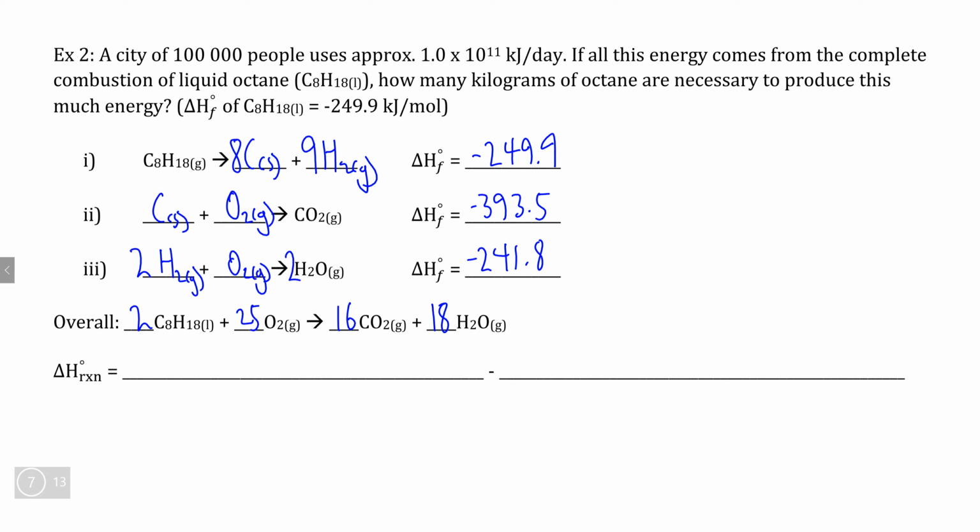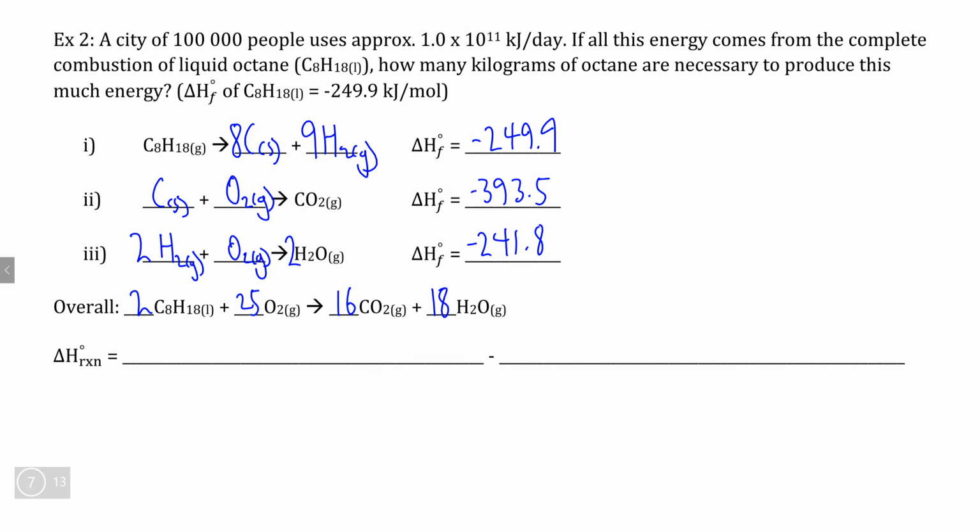Now at this point, again, you can try doing this calculation using Hess's law and see that it will give you the same thing as the standard molar enthalpy of reaction formula, because that's the one we're going to focus on. So the first thing we'll need to find is the total standard molar enthalpy of formation of all of our product molecules.